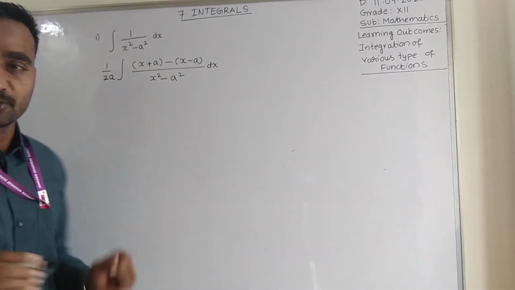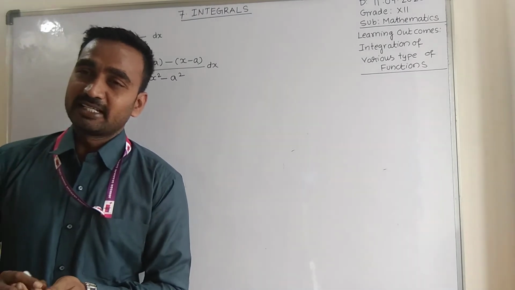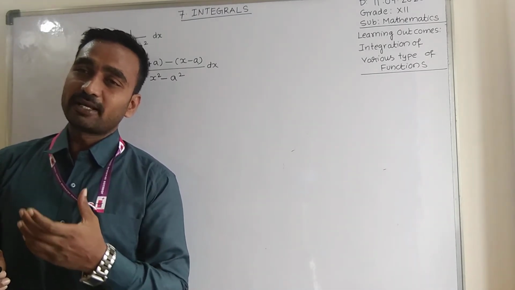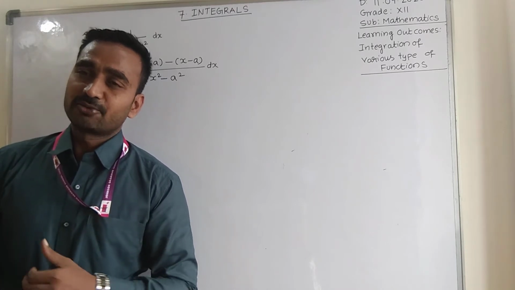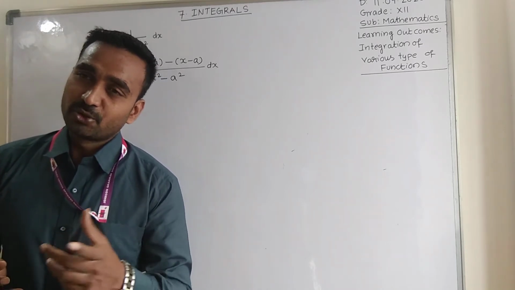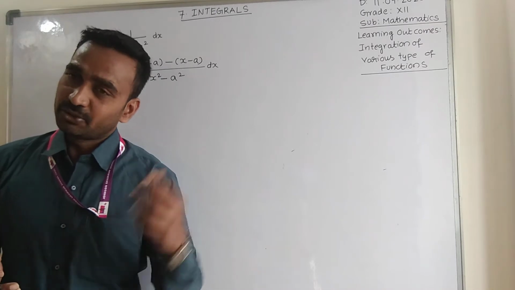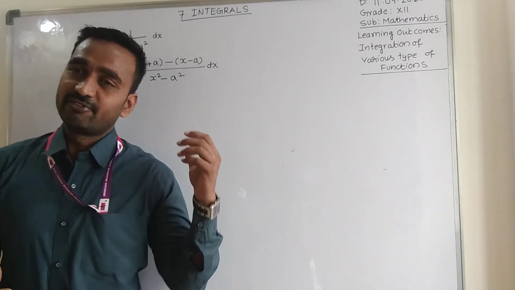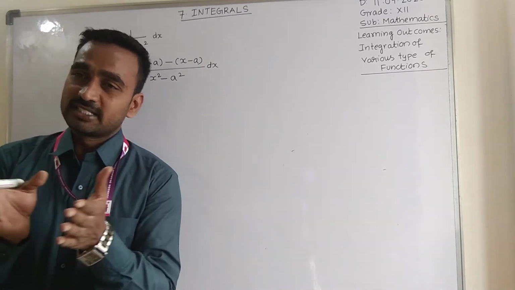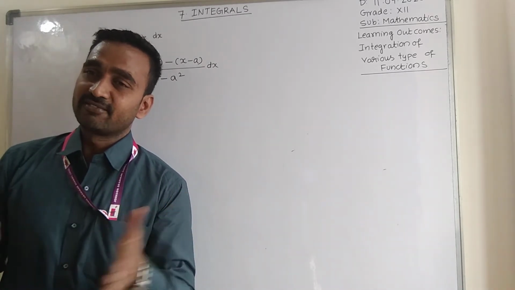Students, in mathematics, any function we can multiply with a constant. You can multiply and divide it with the same constant, but we cannot multiply with a variable. Don't multiply and divide it with x. So you can multiply with a, because a is a real number, multiplied and divided with 2a, and the numerator 2a I split into x plus a minus of x minus a.